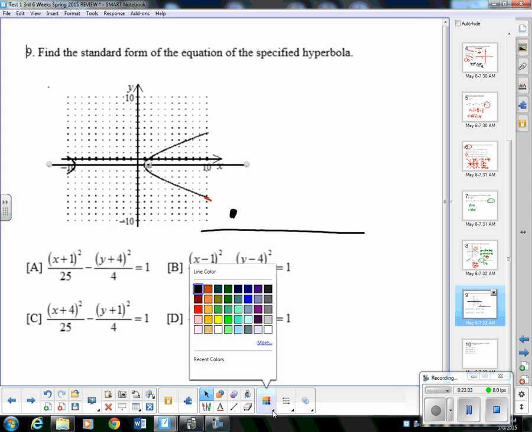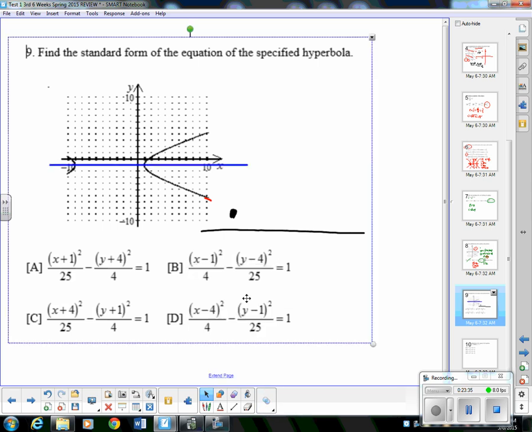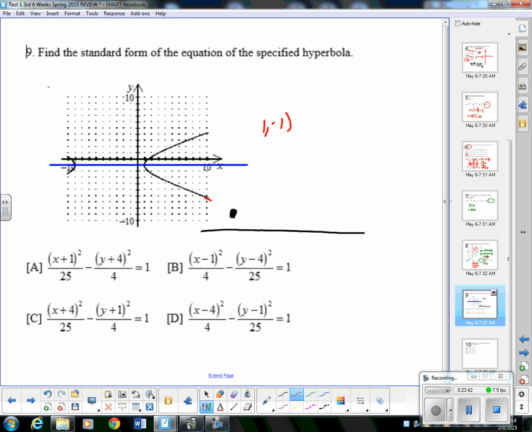I want to change the color because the blue is my transverse axis. So my midpoint has to be somewhere between the point 1, -1. That's this point right here. That's one of the vertices. And the other one is 1, 2, 3, 4, 5, 6, 7, 8, 9, -1. -9, -1, sorry.